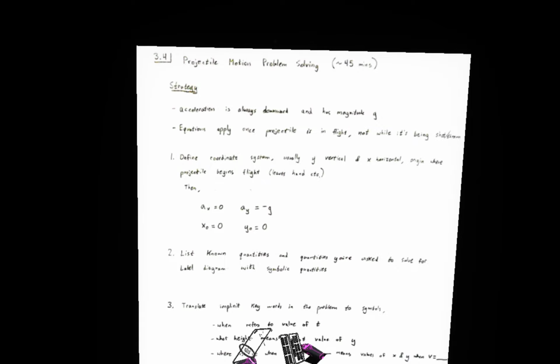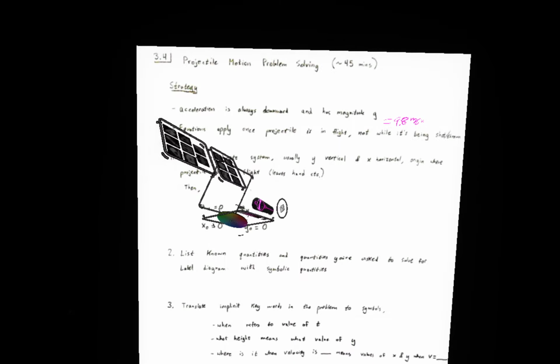it's important to remember that acceleration is always downwards, right? And it has a magnitude g, and g is specifically 9.8 meters per second squared. Or 9.80 if your homework or textbook specifies that it wants it to have 3 sig figs. The equations that we derived, all of the motion that we're talking about, applies only once the projectile is in flight, not while it's being shot or thrown.